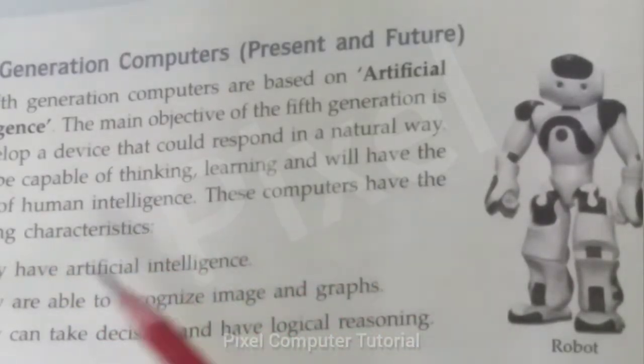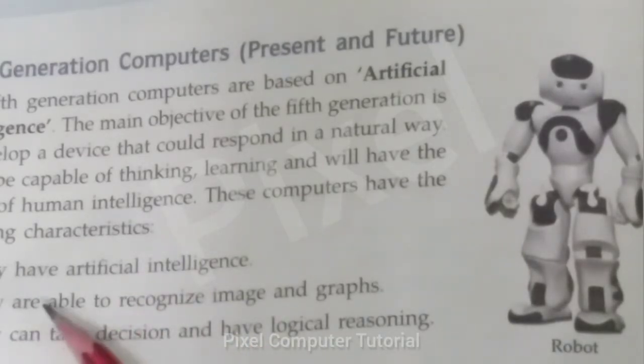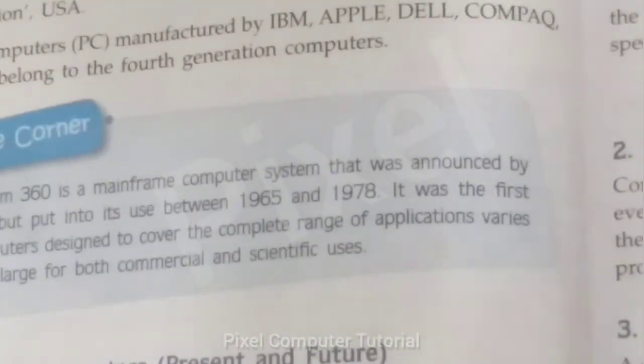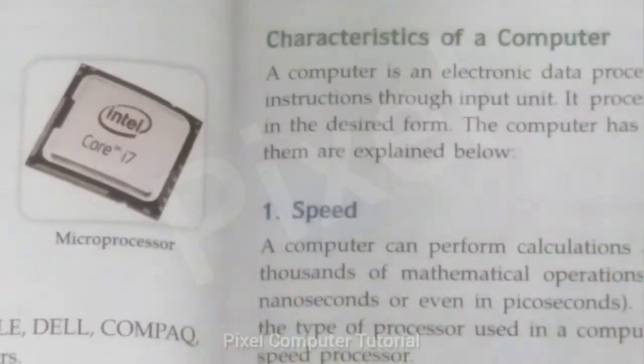These computers have the following characteristics: they have artificial intelligence, they are able to recognize images and graphs, they can take a decision and have logical reasoning. Yes, but still it's in the process, it's not yet completed. Coming to the next, they have given examples here in the fifth generation.